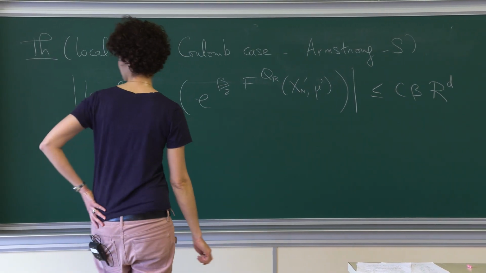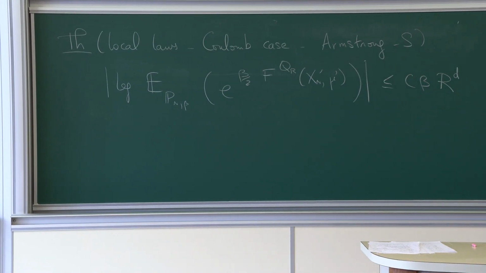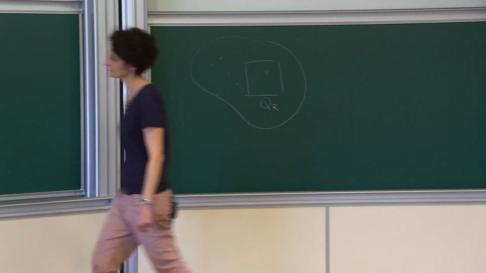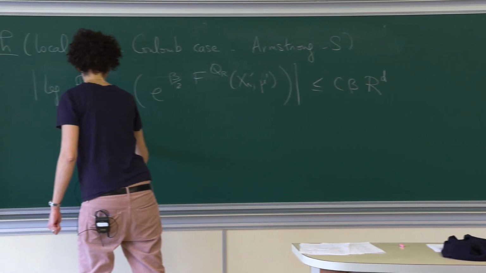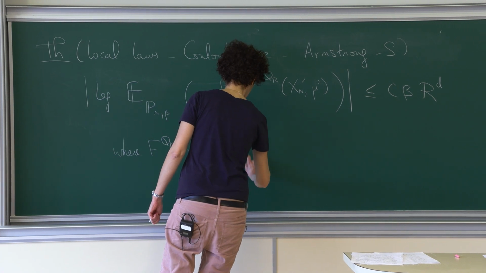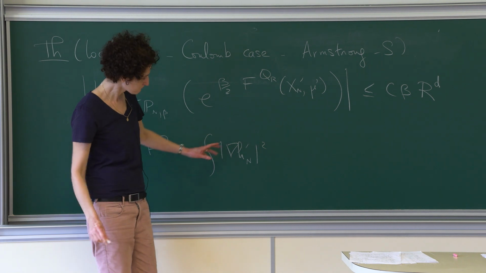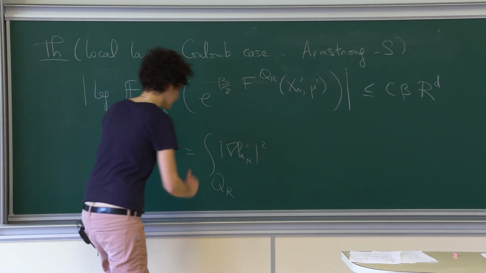Okay, so Q_R is a cube, like this. And what I define by that is this gradient of the potential, renormalized, and integrated only in Q_R.